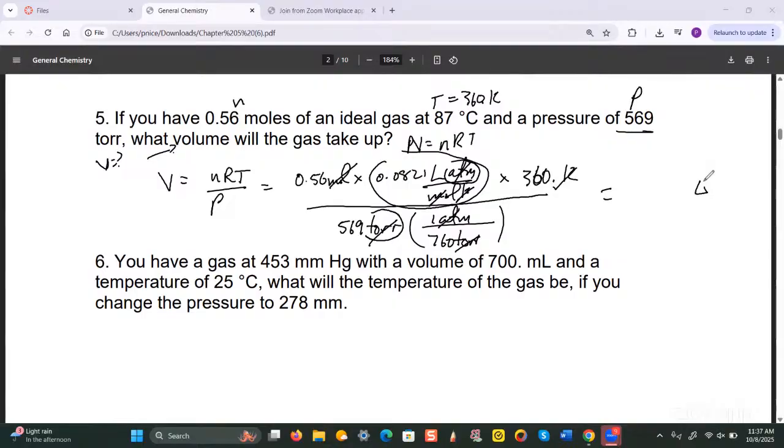So let's do the number crunching. 0.56 times 0.0821 times 360. And then I'm going to divide by 569 divided by 760. So the answer I got, and I need to round this off to 2 sig figs, is 22 liters.